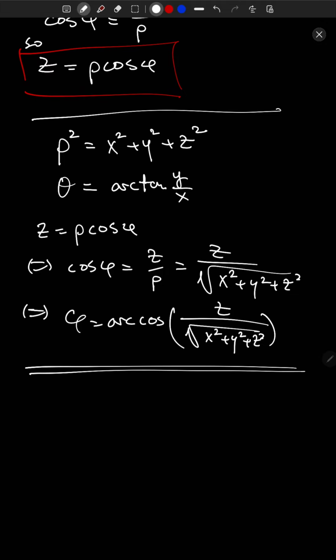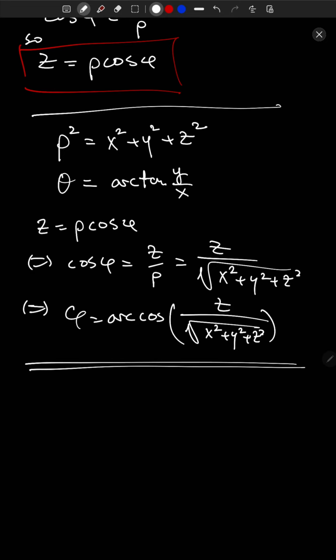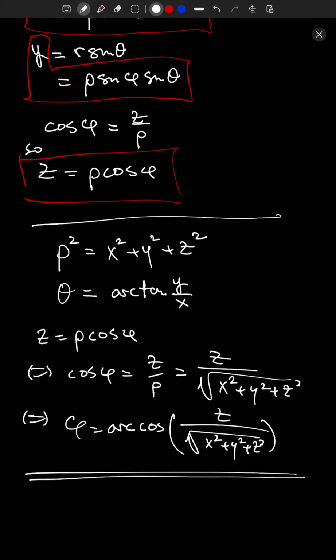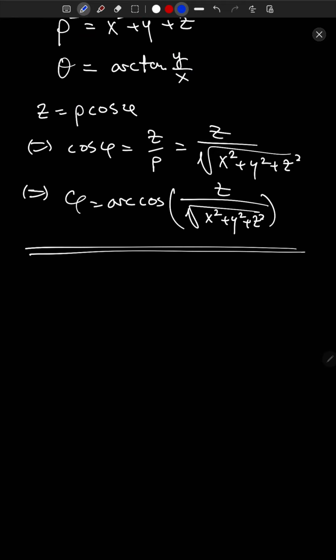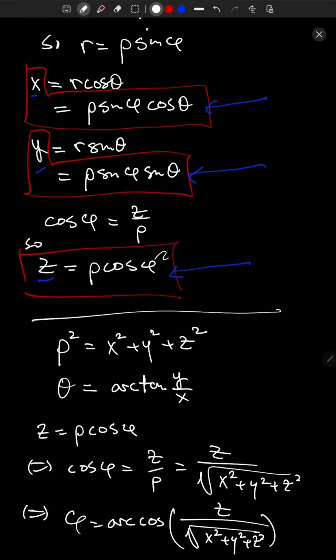Okay, one nice observation here is, if you look at our three formulas for x, for y, and for z, if you take x squared plus y squared plus z squared, the right-hand sides of these, you should pop out rho squared. So maybe you think of this as a quick check of the three formulas that we got above.